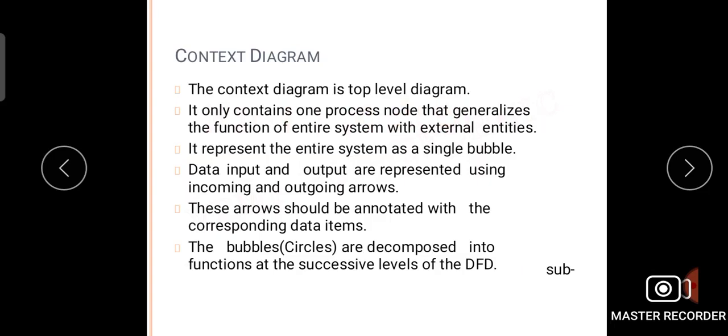It represents the entire system as a single bubble, and data input and output are represented using incoming and outgoing arrows, and these arrows should be annotated with the corresponding data items. The bubble is decomposed into functions at the successive levels of DFD, and these are the sub functions of the context level diagram.